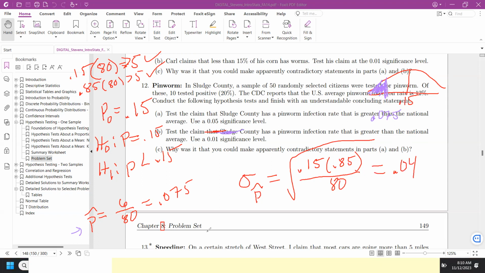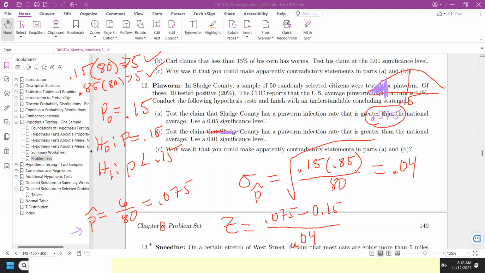So now we're going to get the test statistic. That's a z-score in this case because it's a one proportion z-test. The number we want to compare to the mean is the 0.075. We subtract the population proportion, 0.15, and divide by that standard deviation, which used the 0.15 as the p.